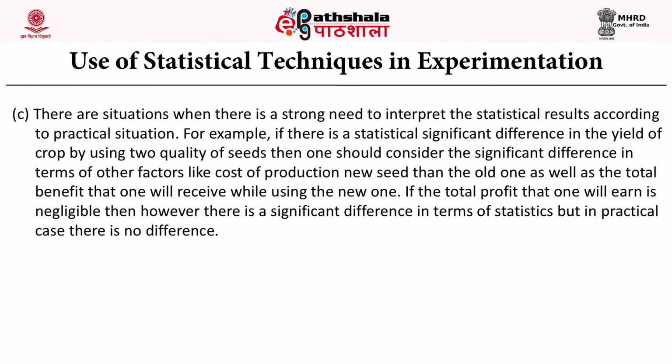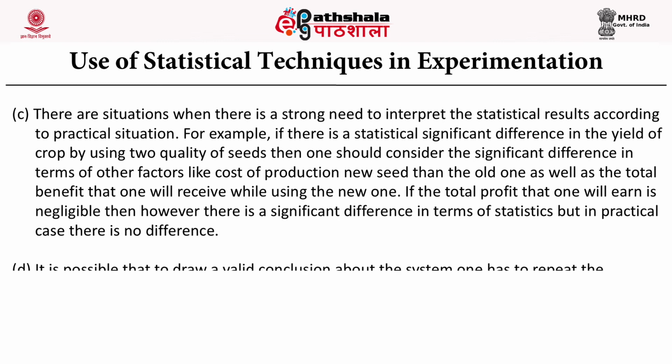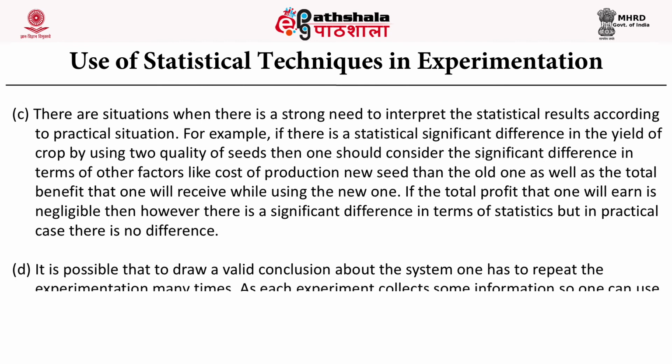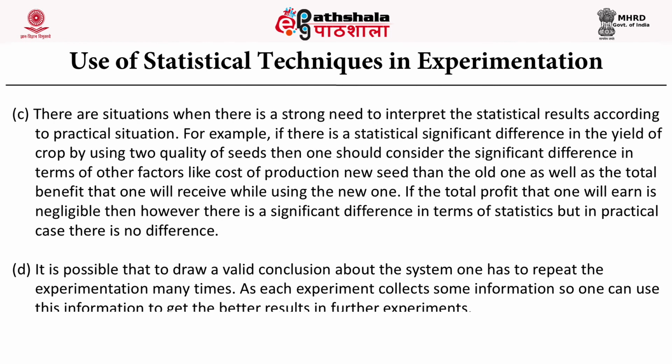If the total profit that one will earn is negligible, then however significant the difference is in terms of statistics, in practical cases there is no difference. To draw a valid conclusion about the system, one may have to repeat the experimentation many times, as each experiment collects some information, so one can use this information to get better results in further experiments.